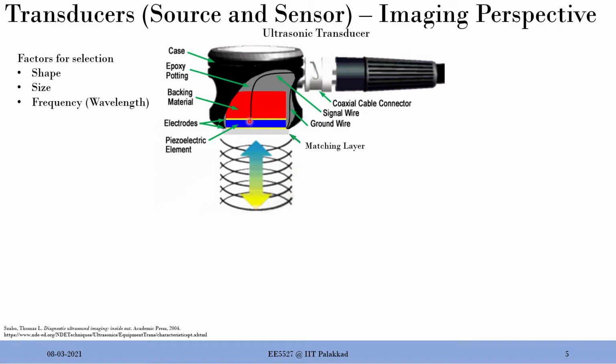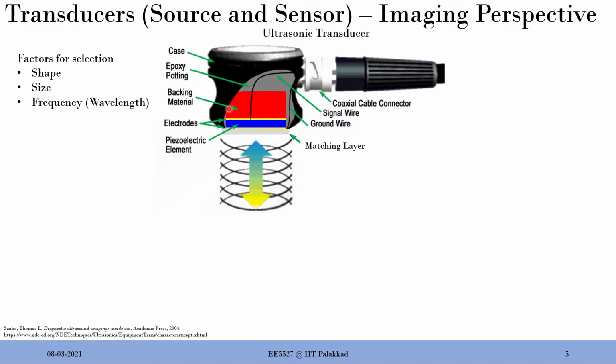So that material is placed between the electrodes, and of course you want your wave to propagate in the forward direction. You don't want it to go in the backward direction, right? You want to damp anything which is going backward, because I want to image in front. If everything is coming from all directions, I will be confused. Imagine the reflections are coming from all directions, you will be in a lot of trouble.